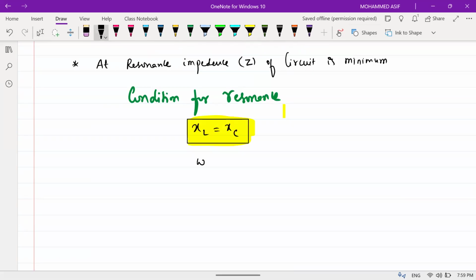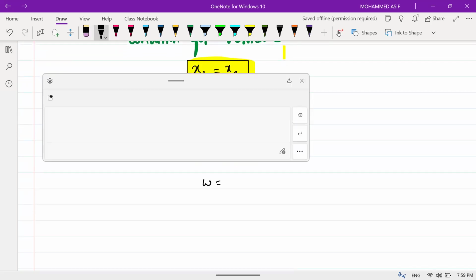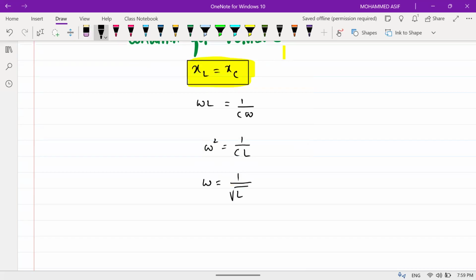XL means omega into L, XC means 1 by C omega. So if I take omega on one side, omega squared is equal to 1 by LC. So omega will be equal to 1 by the square root of LC.